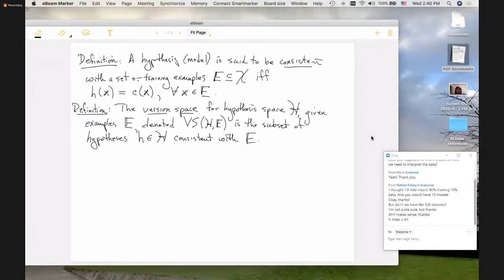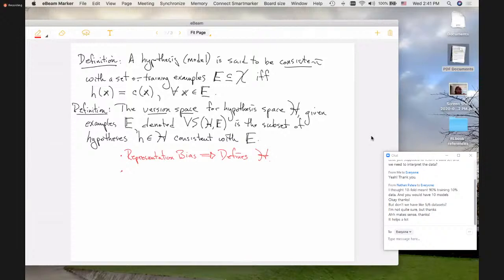Now, you'll remember that this is where we started talking about things like the representation bias, because what the representation bias does is it defines H. It will identify, out of the set of all possible ways that you could formulate a hypothesis or a model, a subset of those models that conform to the representation that you've chosen.